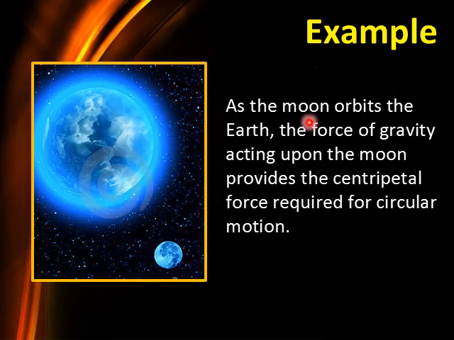Then finally, whereas the moon orbits the earth, the force of gravity acting upon the moon provides the centripetal force required for circular motion. Di ba yung moon natin, kapag nag-orbit siya sa earth, yung earth kasi is exerting a gravitational force on the moon. So, para makaikot itong moon, maka-orbit siya, the earth has to exert a gravitational force.